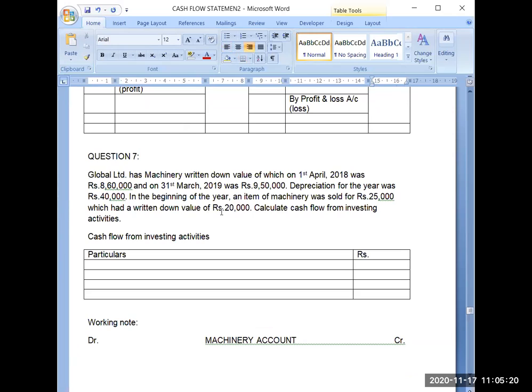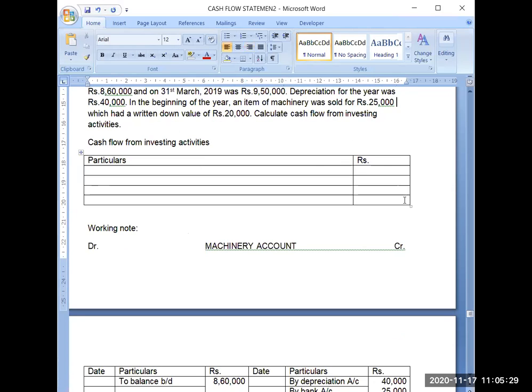which had a written down value of 20,000. So the written down value was 20,000. You are selling that part for 25,000. So on that sale, you are having some profit of 5,000.